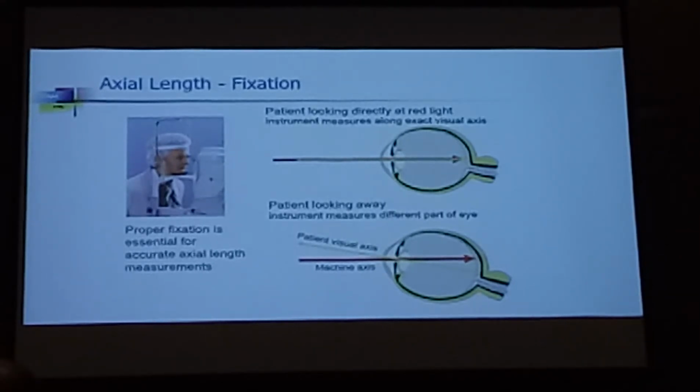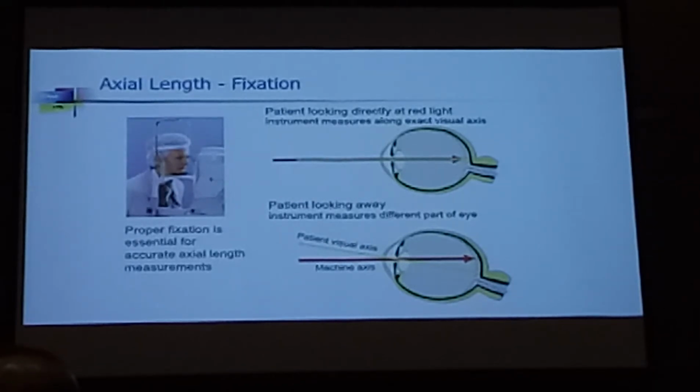In optical biometers, this becomes less of a problem because there's no contact with the eye. The patient still should be able to fixate, and the target is a non-image, non-form target that is very close by. So even a very high myopic patient should be able to fixate. Of course, if highly myopic, the light source may appear a little bit big.